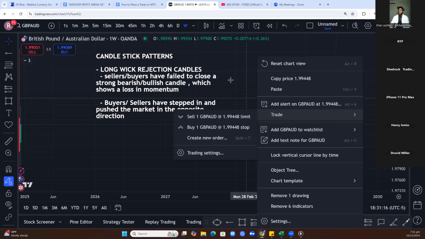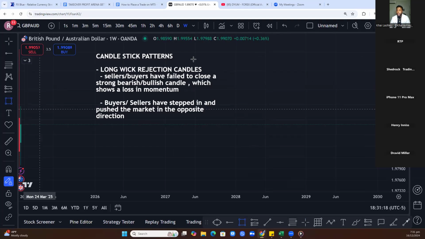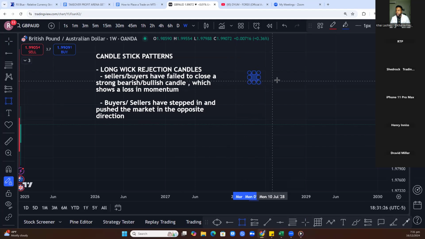So simply put, that is what these candles would basically look like. So we got a candle like this, and we have these long wicks. Some individuals, you would know this as a hammer.